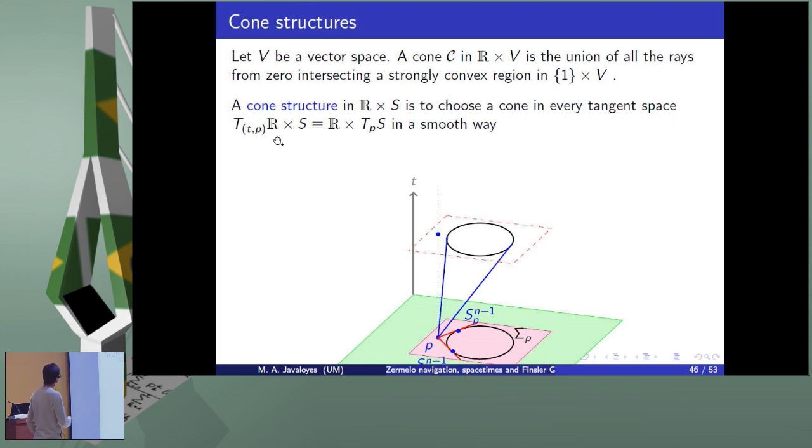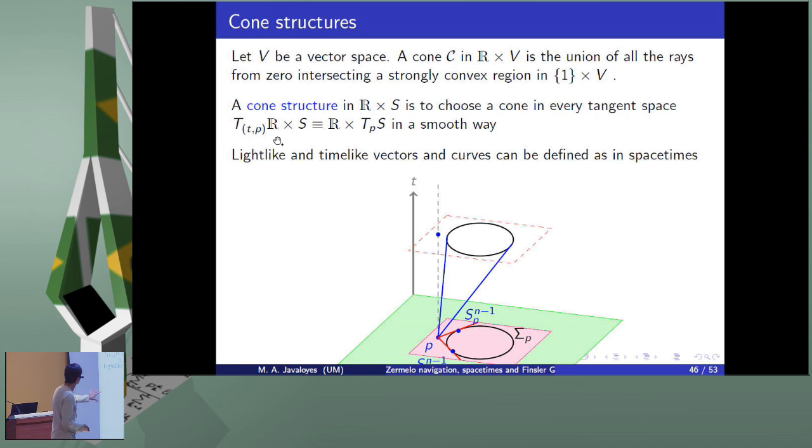I'm defining a cone structure just in R times B. Intuitively, a cone structure is something very intuitive, and in this case, one can define lightlike and timelike vectors as for space-times. Which are the timelike vectors? They are the vectors inside the convex region determined by the cone. Lightlike vectors are the vectors in the directions of the boundary of the cone.